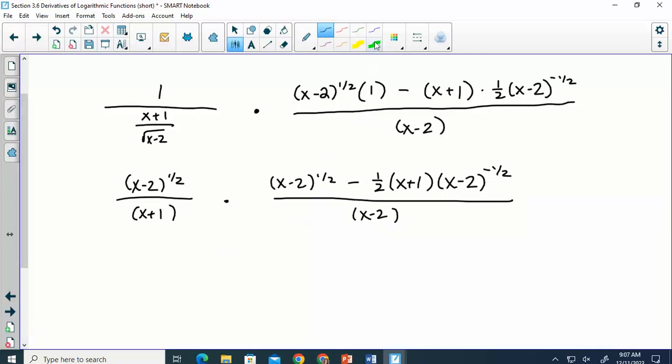Lots of ways we could simplify from here. Let's just distribute that to both terms. So the first term, if you add those exponents, you just get x minus 2. Minus, in the second term, positive 1/2 and negative 1/2, they just cancel.